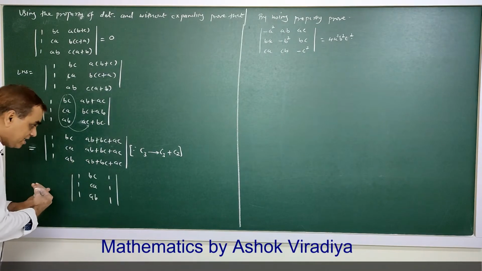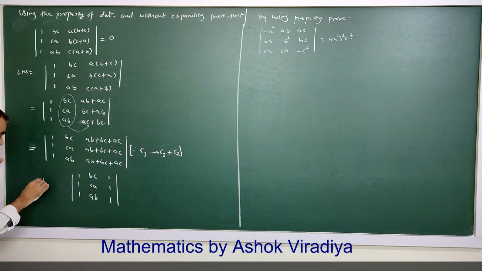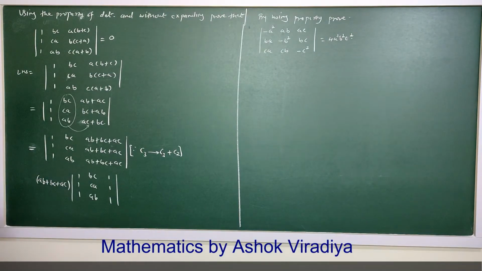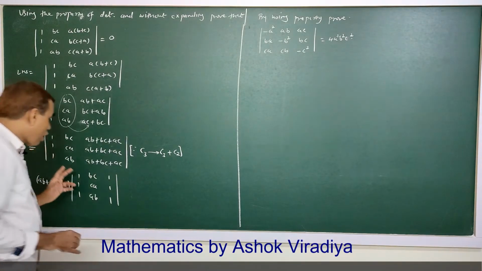So outside multiply by AB plus BC plus AC. So in simple language, we can say from the third column taking AB plus BC plus AC common.